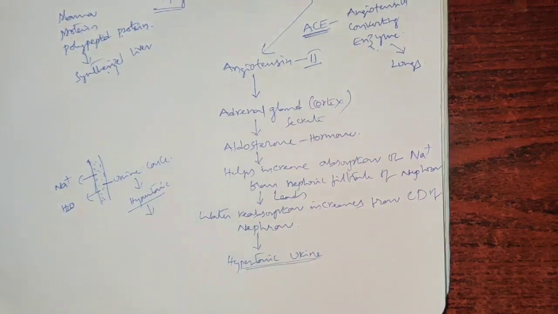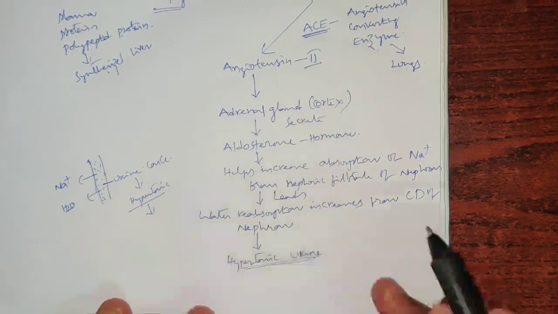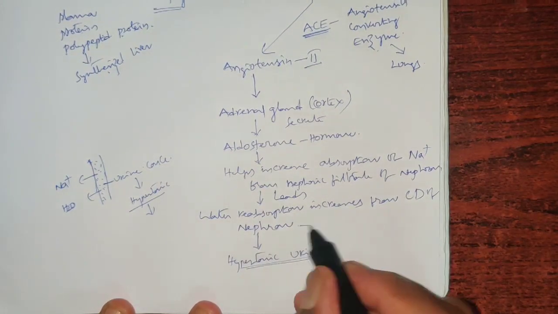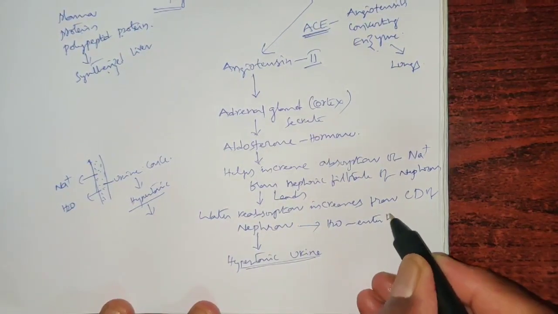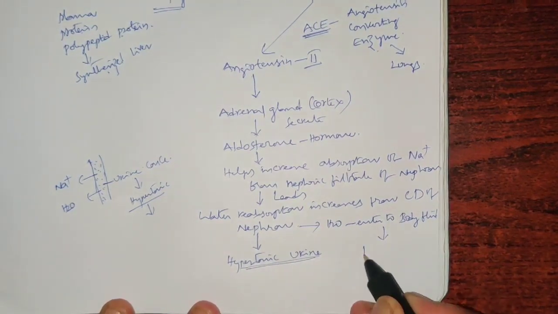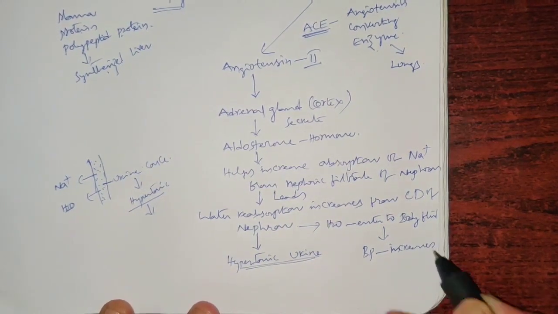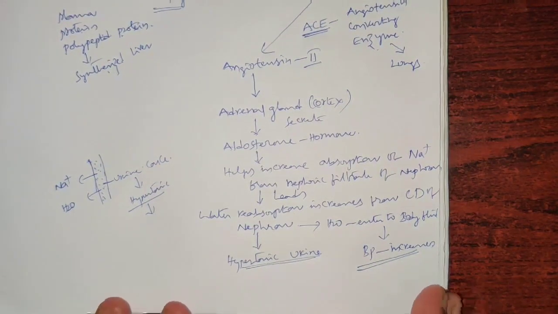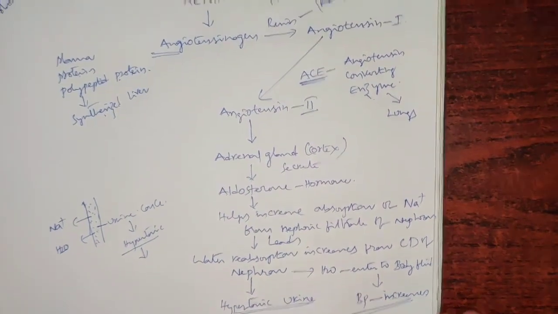So as reabsorption of water from the collecting ducts of the nephron increases, the water enters the body fluids. Thus body fluids increase. So this is about the RAAS mechanism. Now let's look at a brief summary.